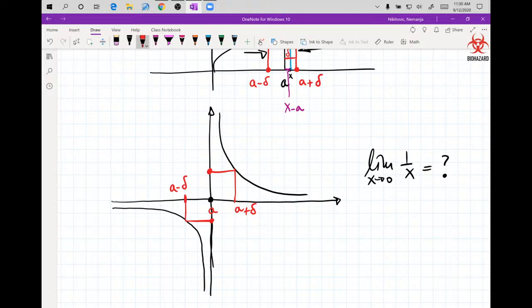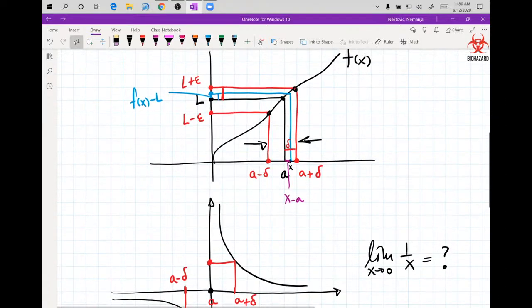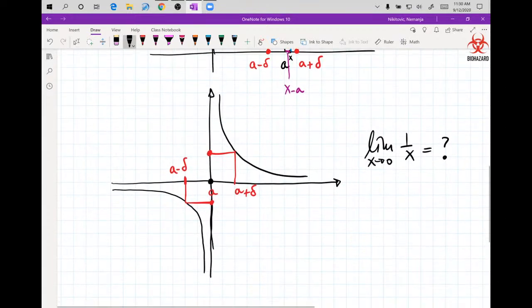So the delta is the increase. Now remember, the two values, as I squeeze, need to collapse into the same point. Over here we said that as you squeeze, they squeeze here into L, because the top one squeezes down and the bottom one squeezes up, and then they collapse into L.